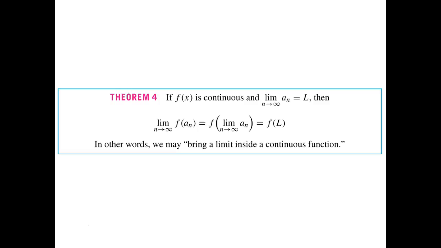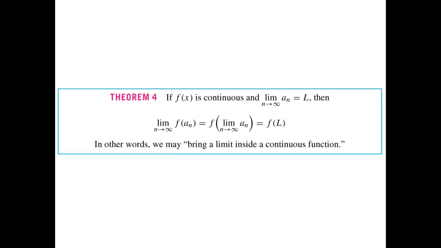In other words, bring the limit inside a continuous function, or take the function outside the limit, whichever way you want to look at it. Swap the roles of the limit and the function. And if you already know what the limit of a sub n is, L, that was given, then that's just f of L, whatever that happens to be.